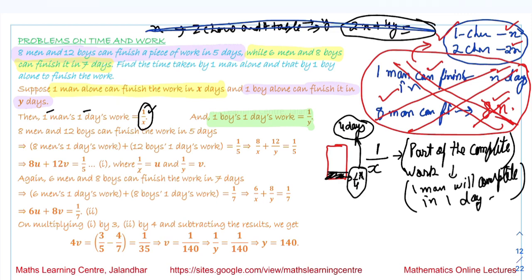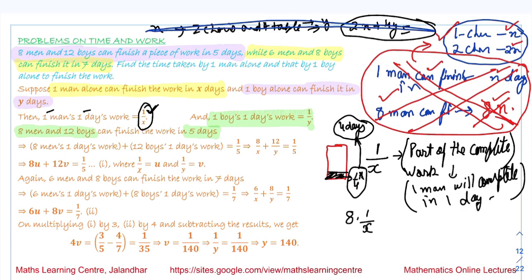Now, if there are 8 men and 12 boys, they can finish the work in 5 days. This is the part of the work done by one man in one day. So how much part of the work will 8 men do? It is 8 into 1 by x.